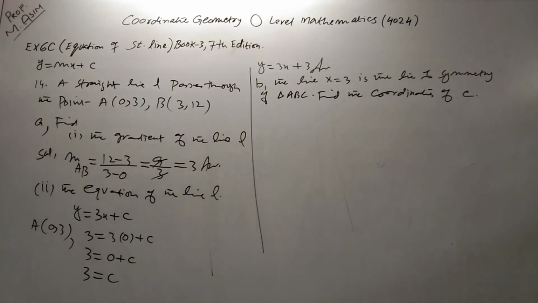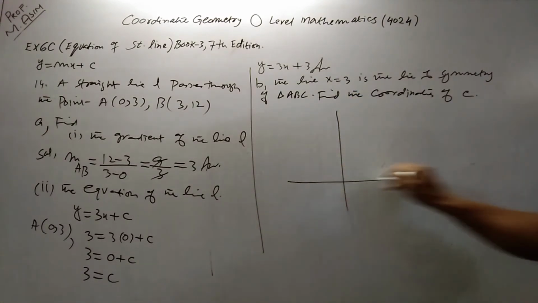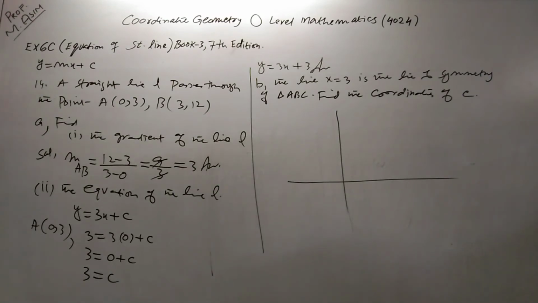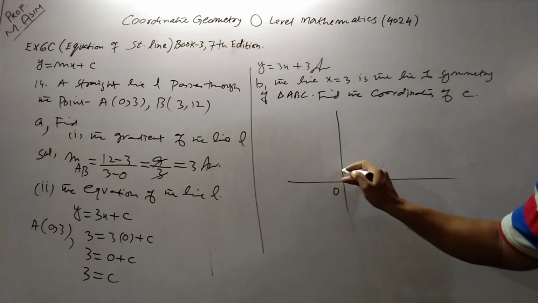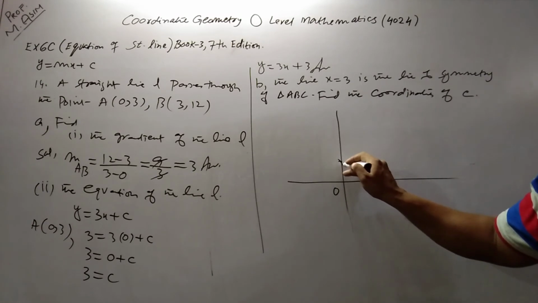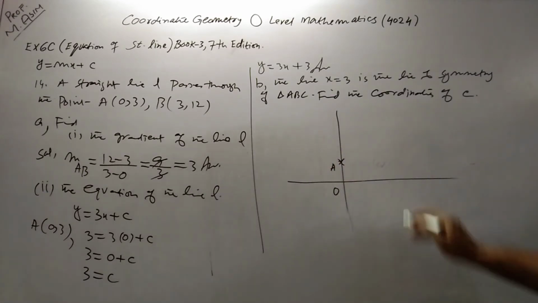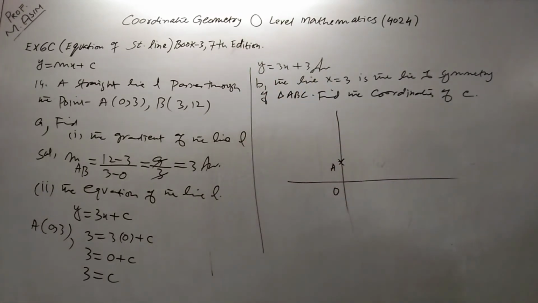How to solve? How to find the coordinates of C? Just draw a rough graph. One point A (0, 3). This is 0, this is, for example, 3. This point represents A, and then B is (3, 12).